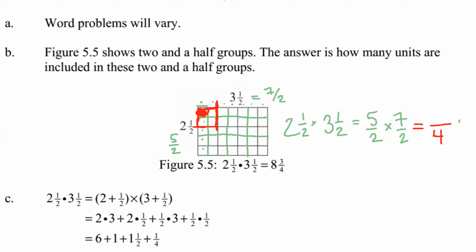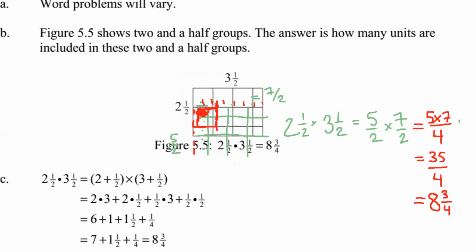And now what we can do is literally take our 1, 2, 3, 4, 5 times 1, 2, 3, 4, 5, 6, 7, and just count the number of pieces that we have here. 35 boxes, each of size 1/4, which again we could simplify to, not 9, it's almost 9, it's 8 and 3/4.